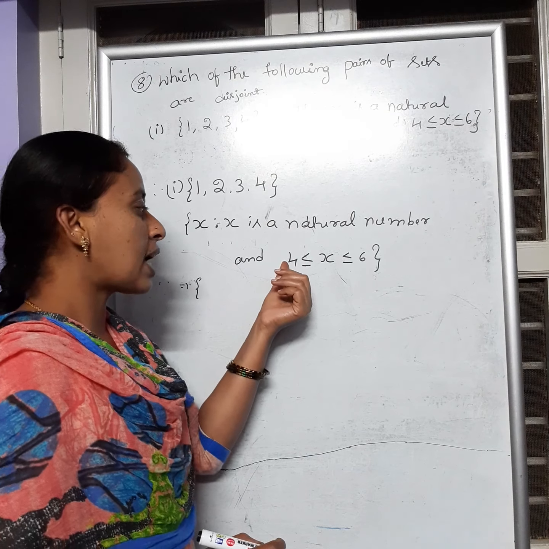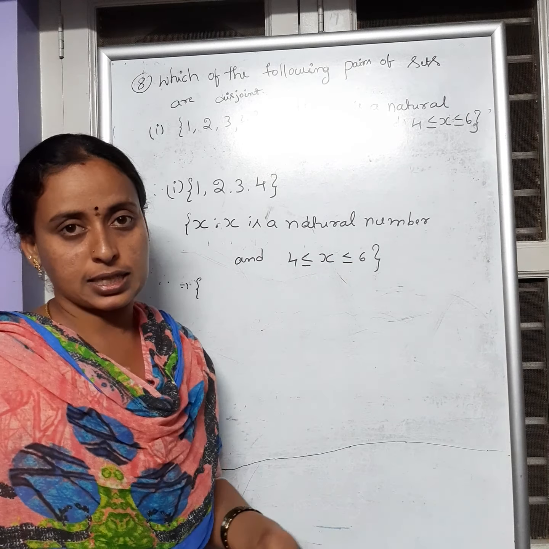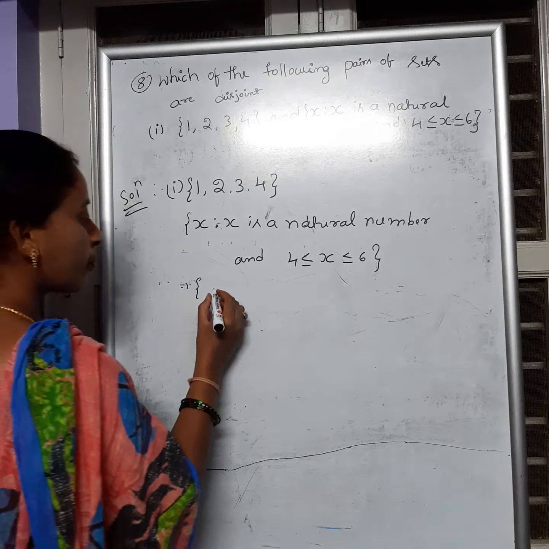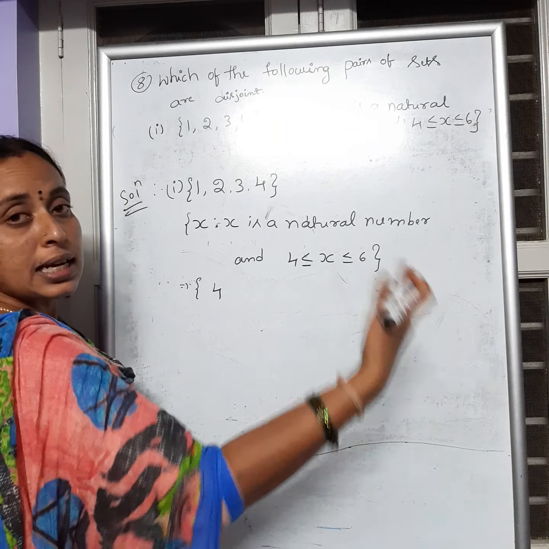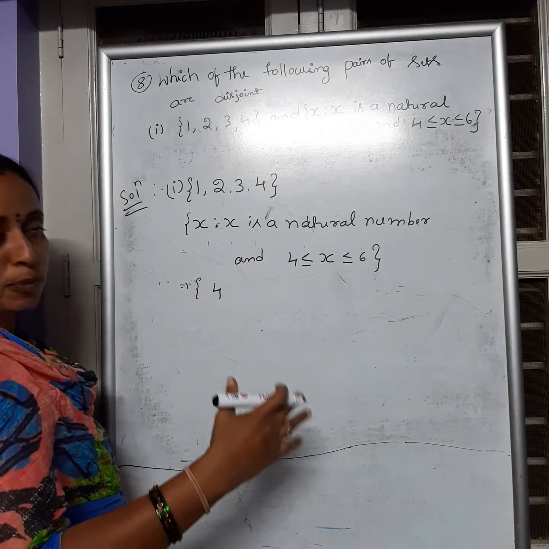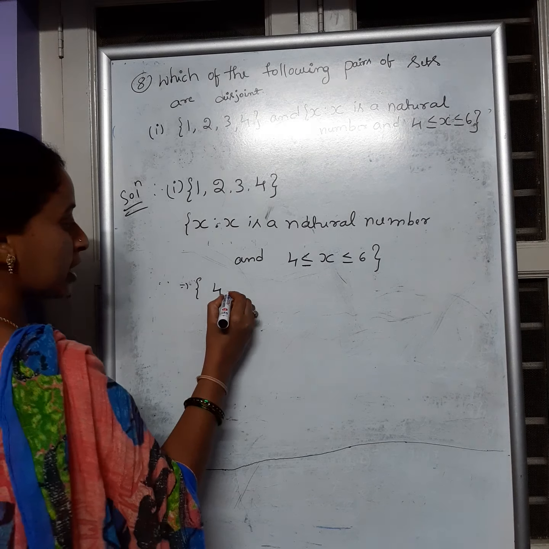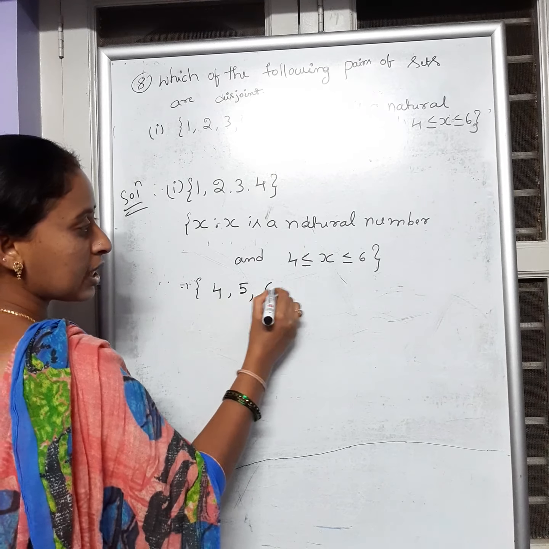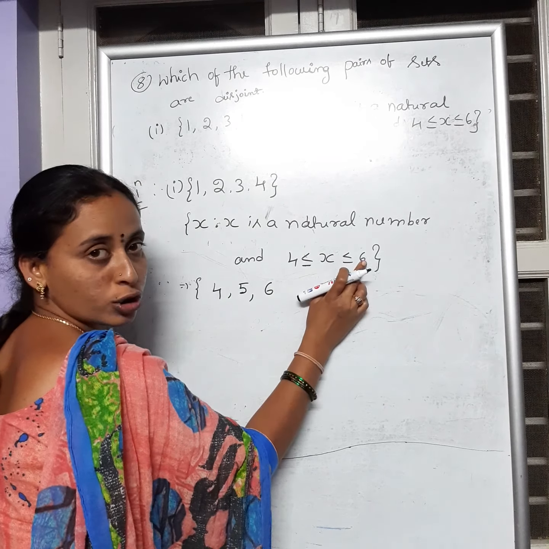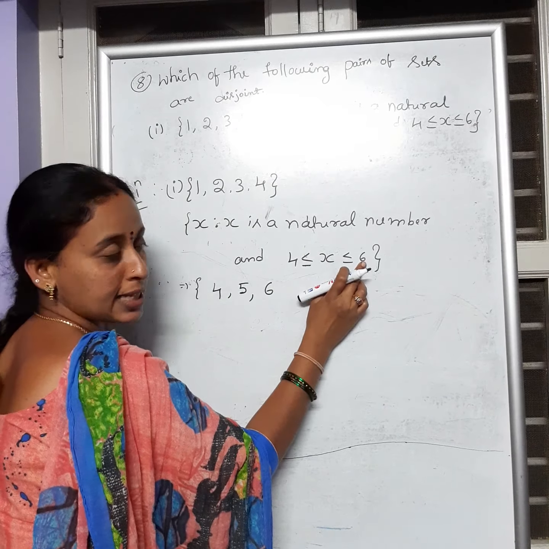So we start at 4, then 5, then 6, and the end point is 6. We stop here. These are the elements of this set.